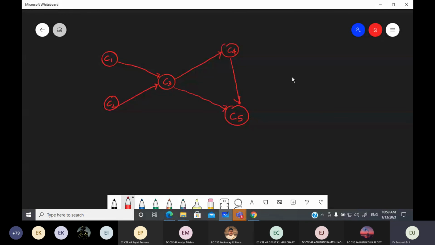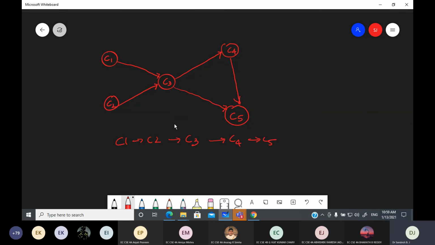The topological sorting can be done using the DFS method. So using the DFS traversal technique, we are going to do the topological sorting to say in which order a student can take the courses. He can take the courses in the order C1, C2, then he should take C3, then C4, then C5.